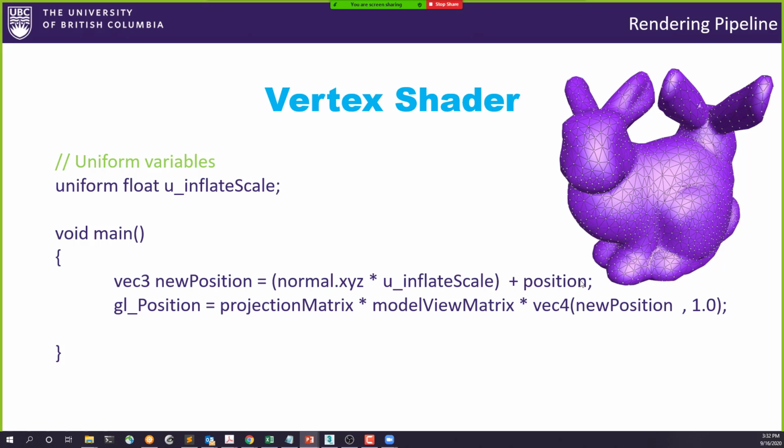But this is still local, right? This new position variable contains a new position for each vertex, but it is still in the object coordinate system. So in the end, you need to say GL position equals projection matrix times model view matrix times the new position, right? You need to make this composition of transformation matrices to, in the end, get the GL position in screen coordinates, okay?